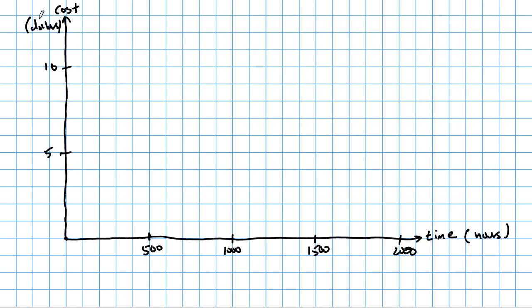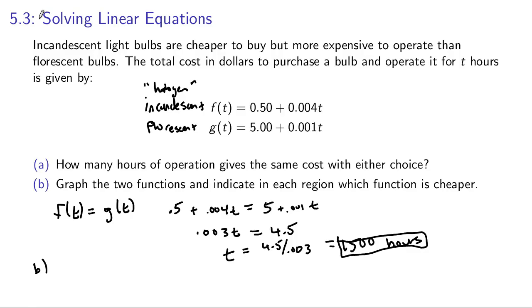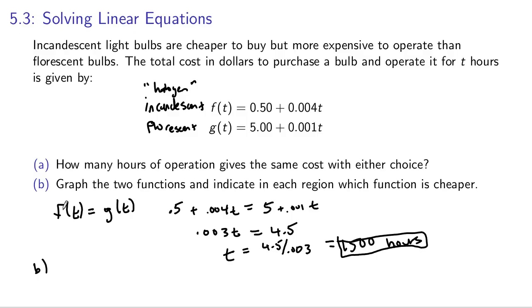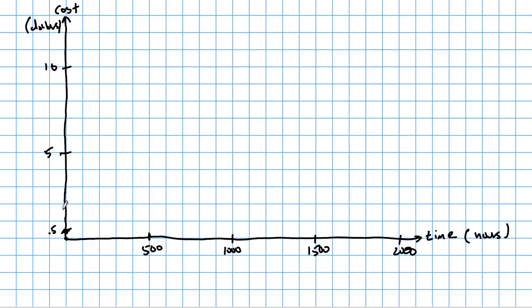Now the first function, F, was 0.5 plus 0.004 T. So F starts here at 0.5, or 1/2. And it has a slope of 0.004, which is 4 thousandths.